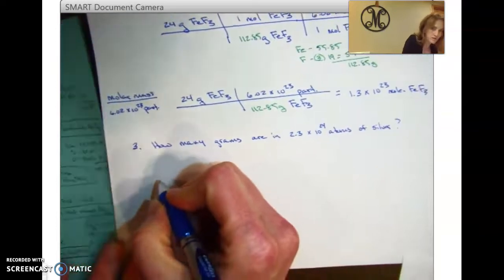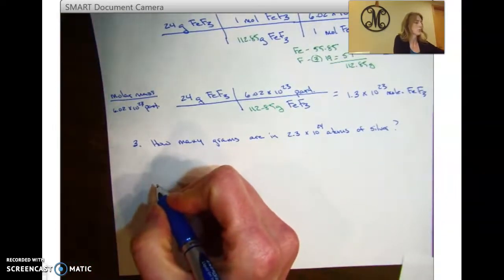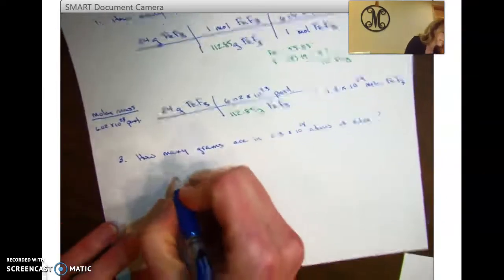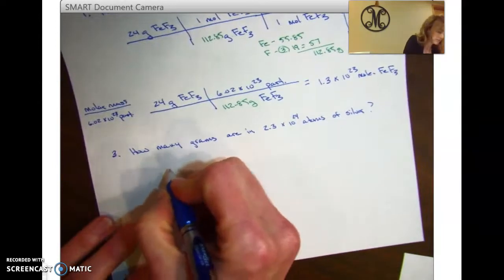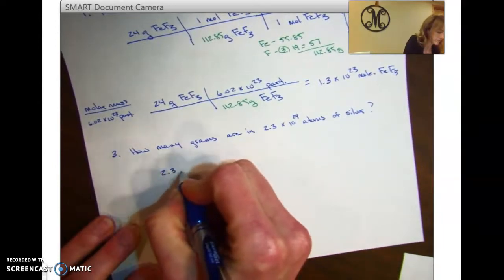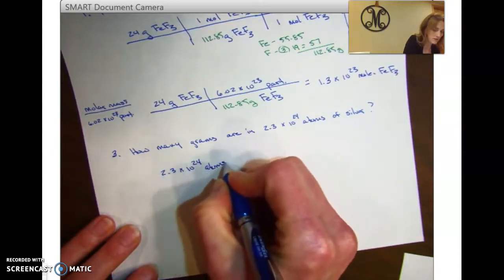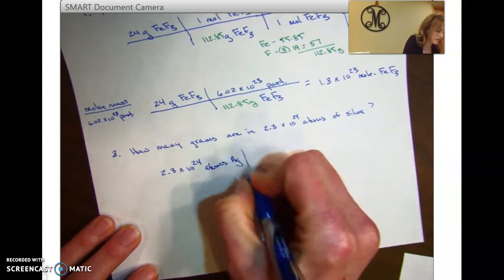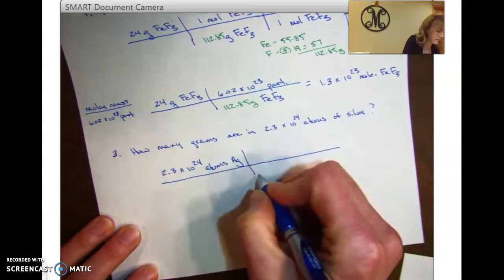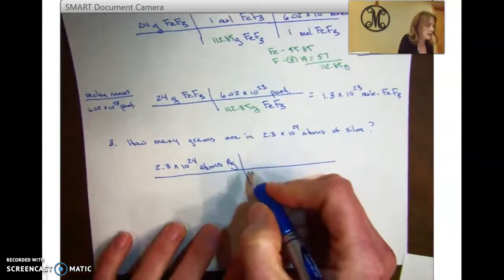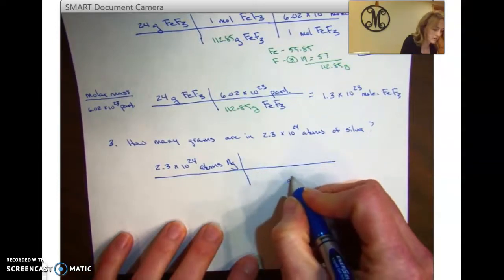Start with what you know. You've got 2.3 times 10 to the 24th atoms of silver. I want atoms to go away, so I'm going to drop it to the bottom.